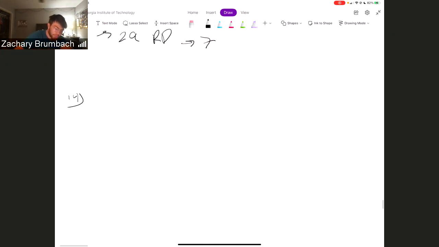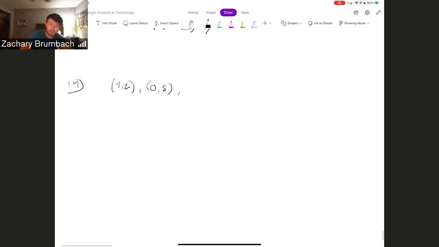So it gives you the points -1, 2, 0, 5, 3, -4, okay? The way to do this is very simple. Pick a point, call it point 1, pick a point 2, and point 3, okay? How to find it?